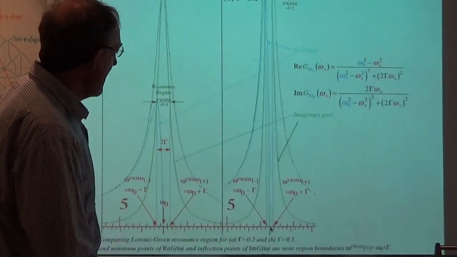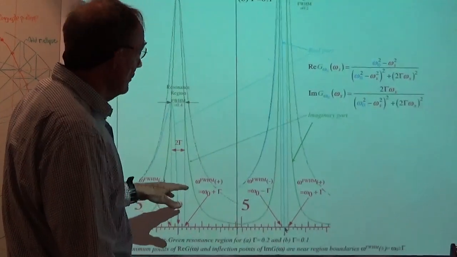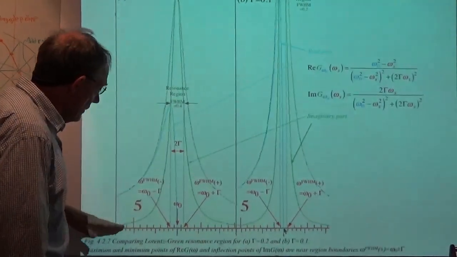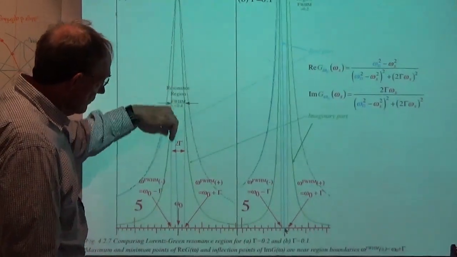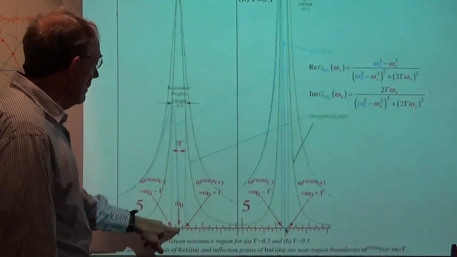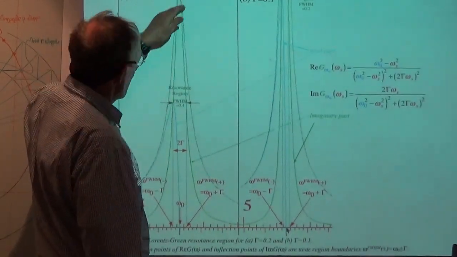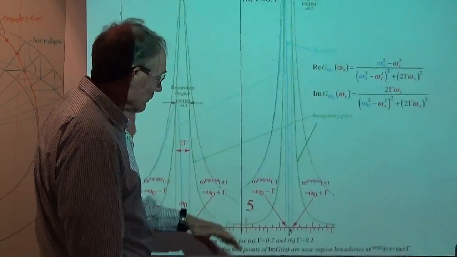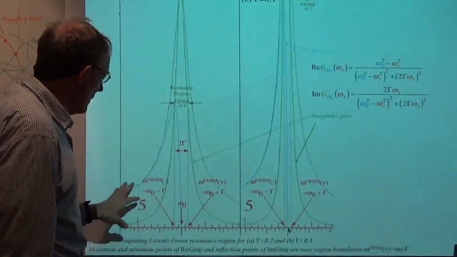It shouldn't do that. But this response function consists of the real part, which does this turnaround here and goes through 0 at that point, and the imaginary part, which makes what we'll find out later is a curve called the witch of Agnesi in old calculus books.